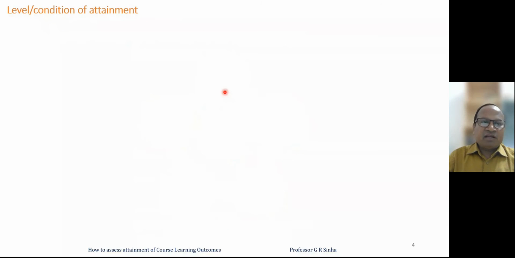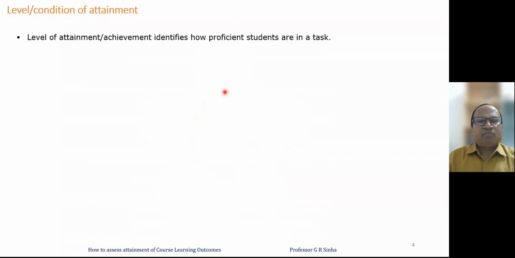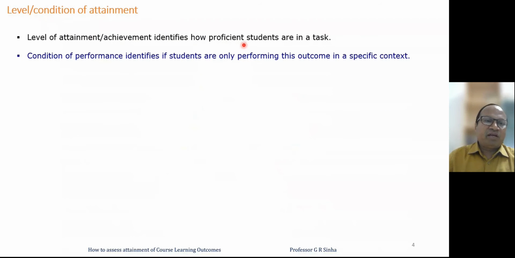So the level of attainment and the condition of performance. Level of attainment or achievement is used to identify how proficient students are in a task. If you assign a task to the student, his proficiency level, his expertise level, his level of mastery is indicated by the level of attainment.